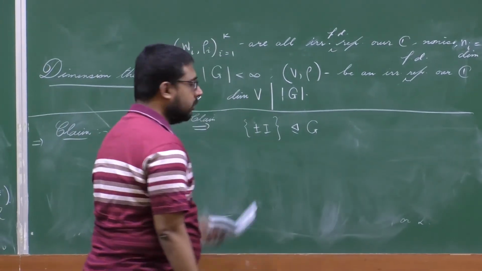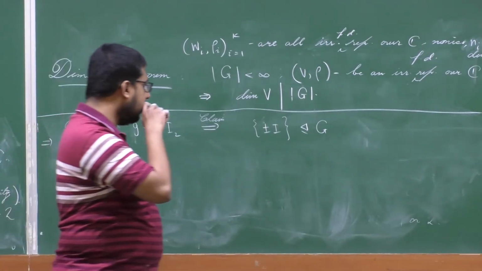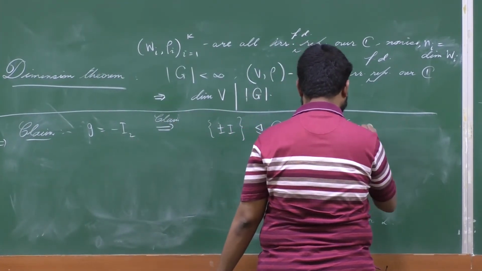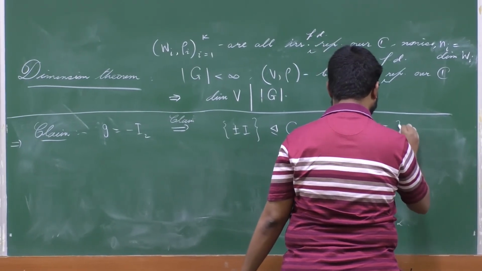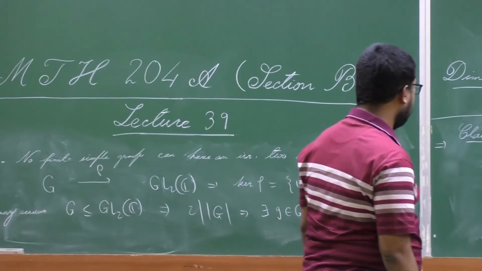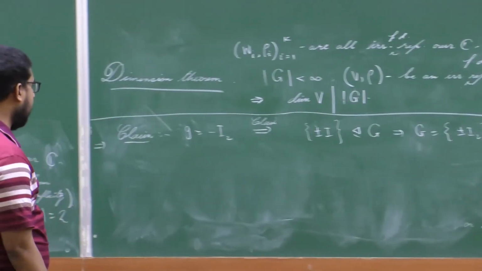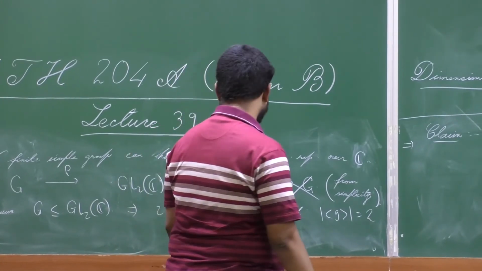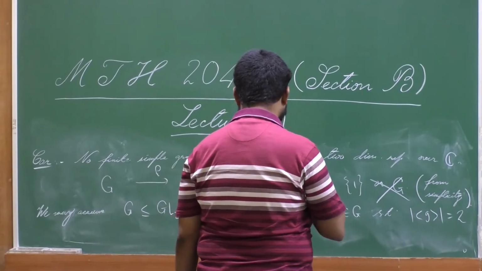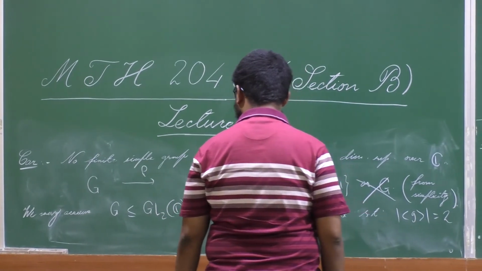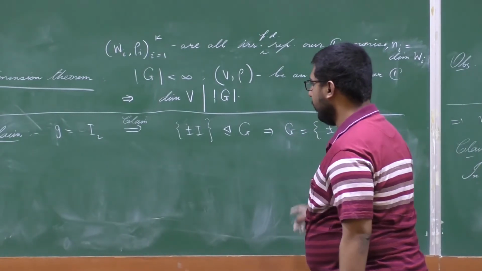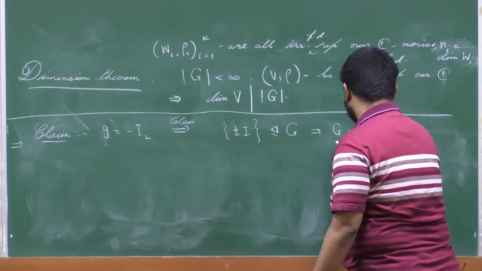From simplicity, this further forces G to be plus minus identity, modulo the claim.